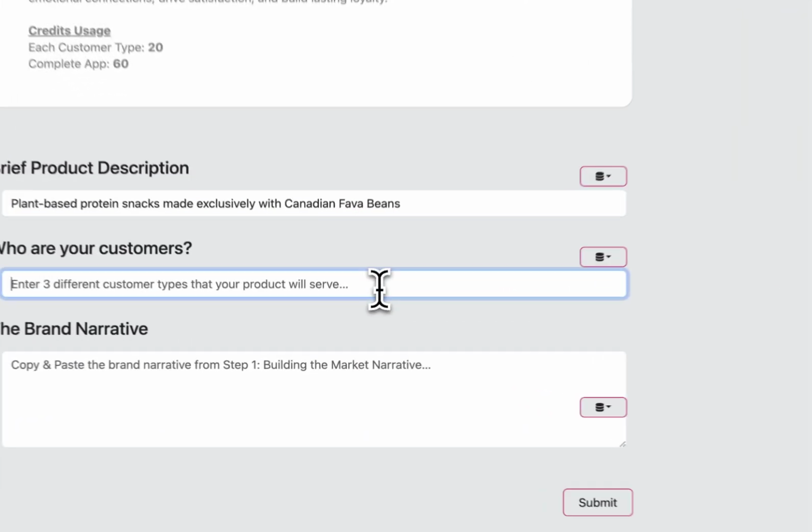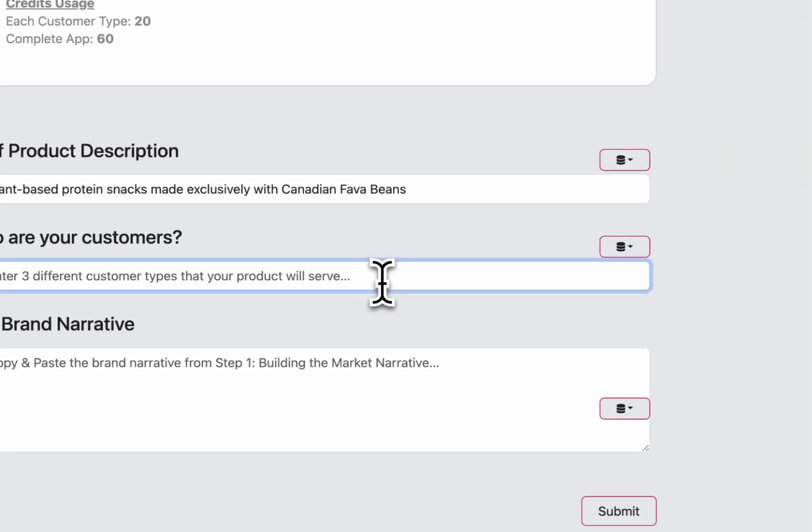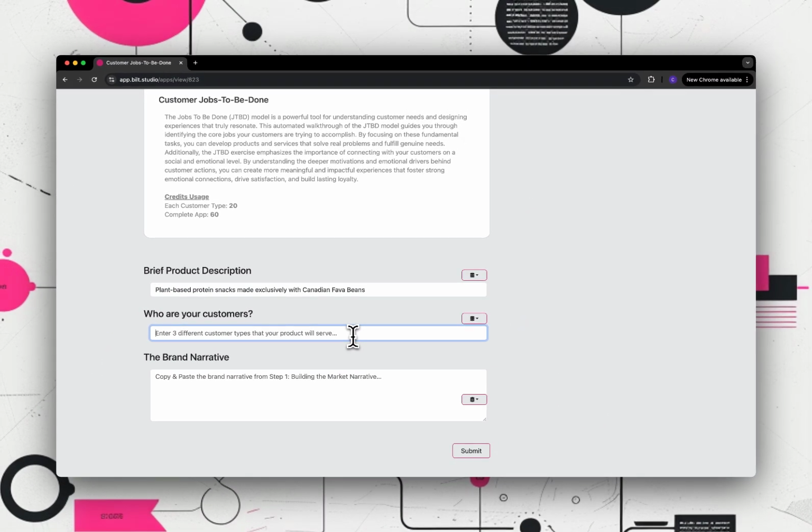Okay. The 3 types of customers that I'm going to focus on, we like to think of these as customer extremes. I talked about this in the introduction video to this process. I want to think about very different types of people that I can solve problems for with the same product.